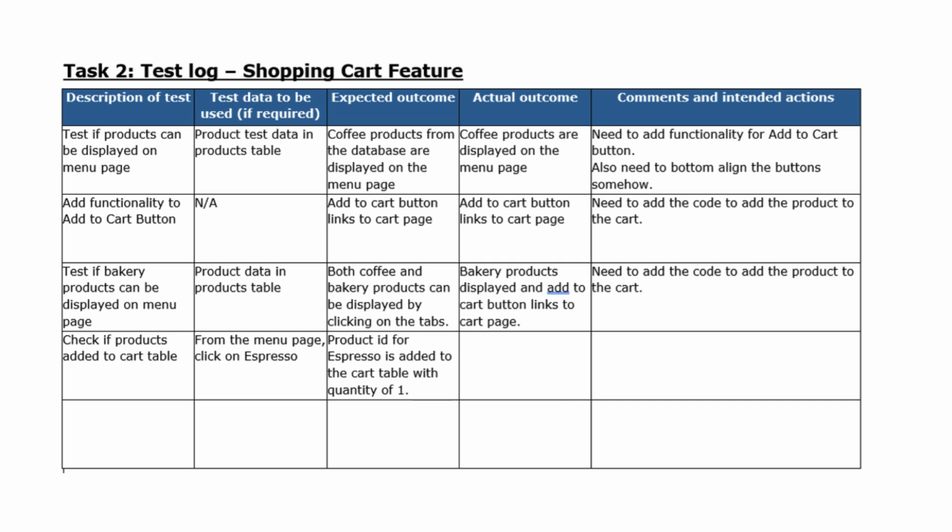Now we need to check if a product can be added to the cart table. We'll click the Add to Cart button from one of the products on the menu page, and we should then be able to see this product added as a new row in the cart table.